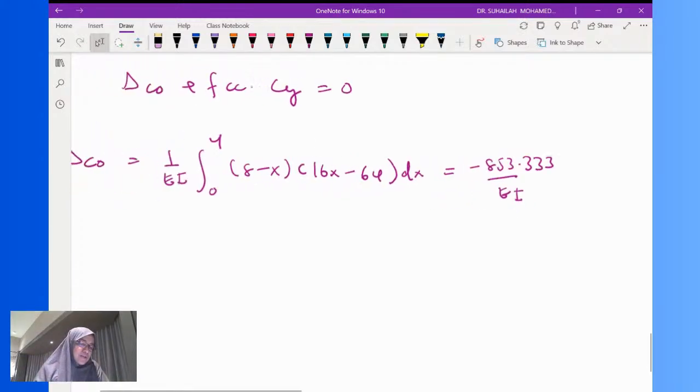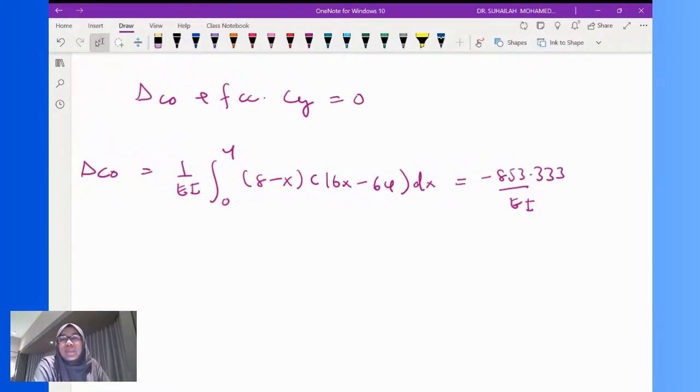So this is the answer for delta C naught, negative 853.333 over EI.